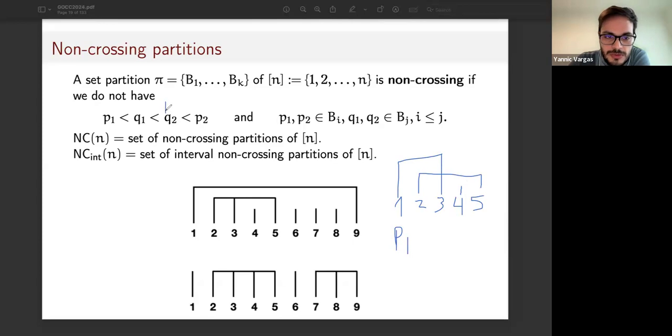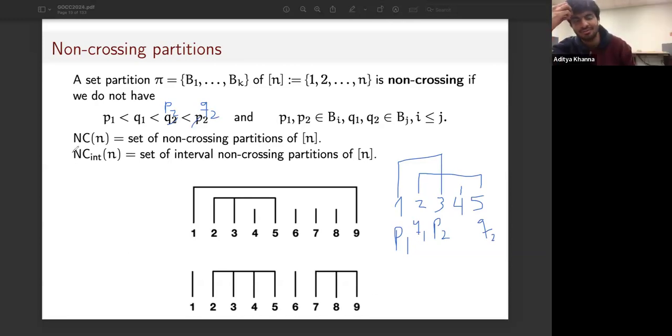What I want is P1, Q1, P2, Q2. So this is P1, P2, Q1, Q2. Is that okay? Yeah, that makes more sense now. Sorry, I never get this typo right. Thank you very much for the indication.